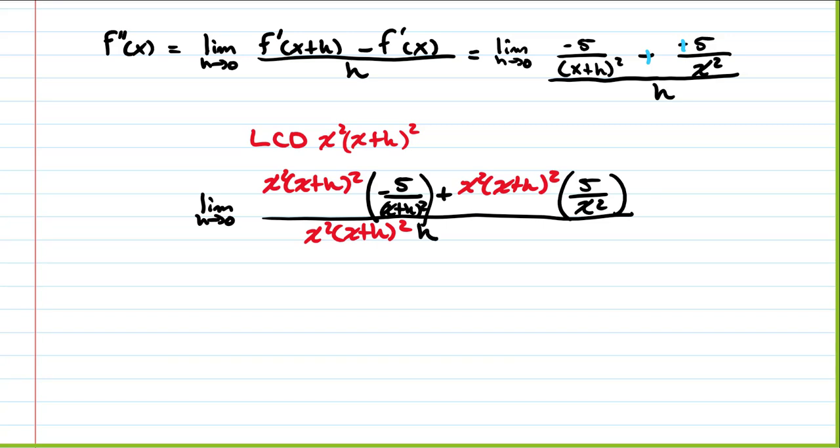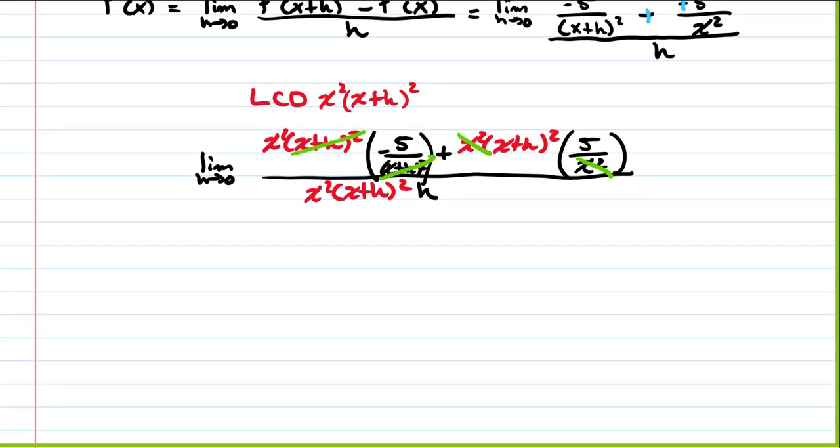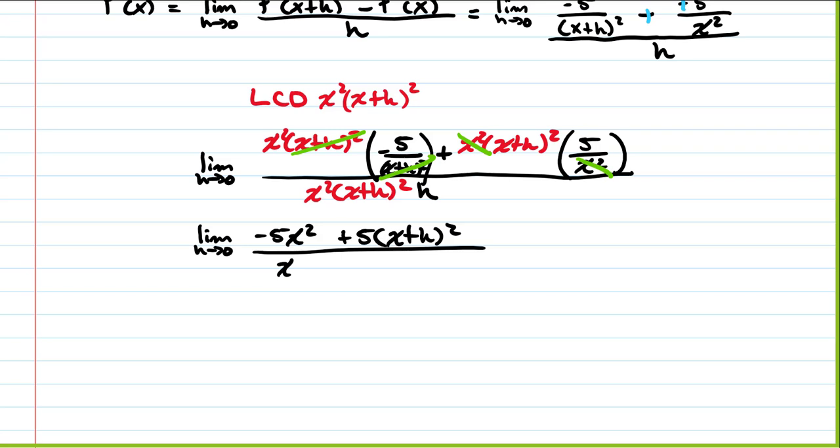So once again, as should always happen, all of our compound fractions reduce out, and we're left with negative 5 times x squared, so that's negative 5x squared, and then we have 5 times x plus h squared, all over x squared h, x plus h squared. So now we need to expand out our numerator a little bit.